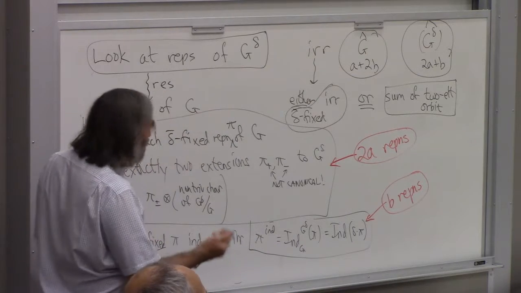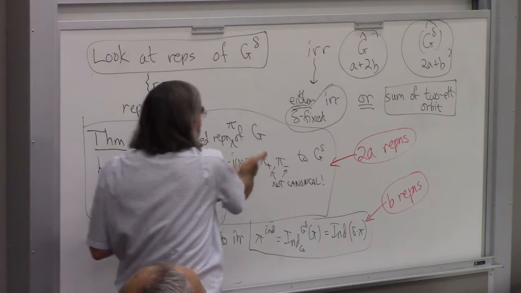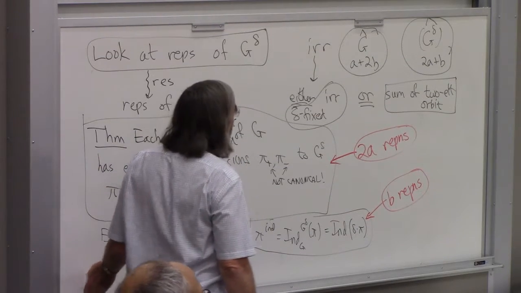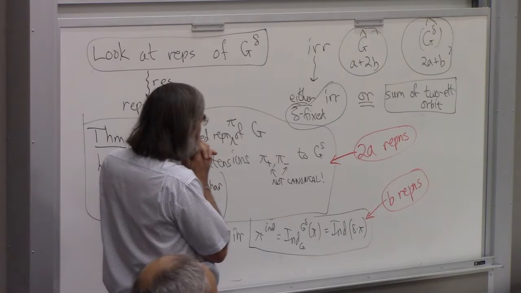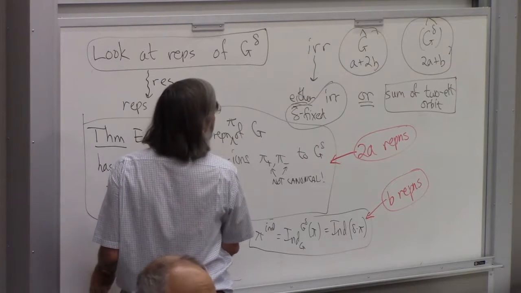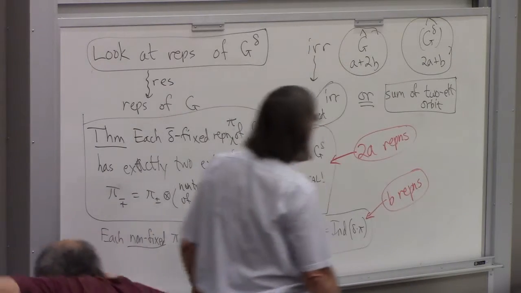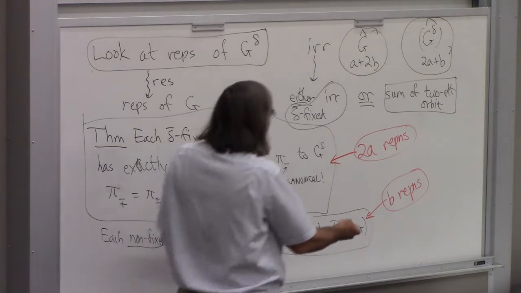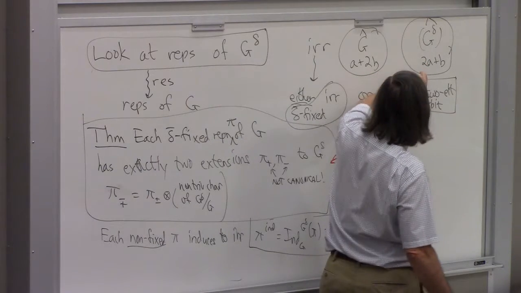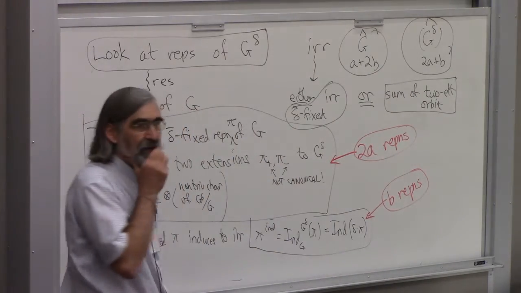So, well, that's the story. Do I want to say something about conjugacy classes? I think I won't mess with conjugacy. I mean, of course, the conjugacy classes in this extended group, there are also 2A plus B of those.